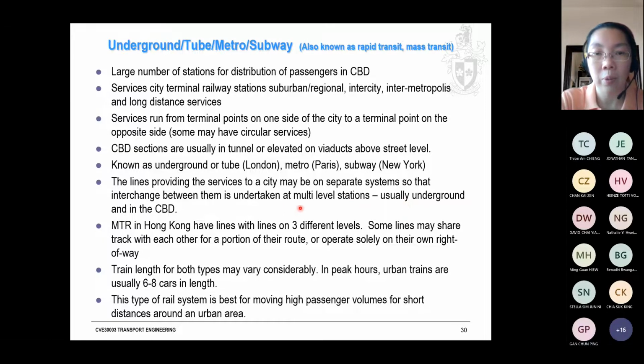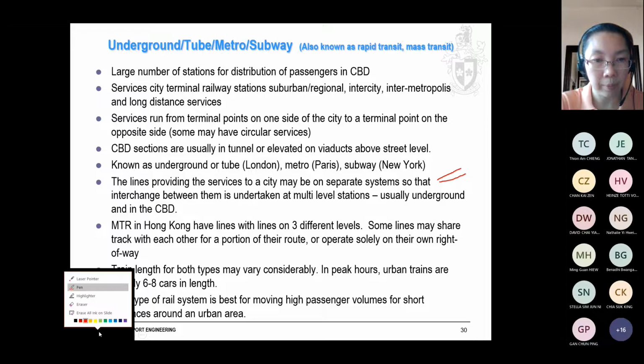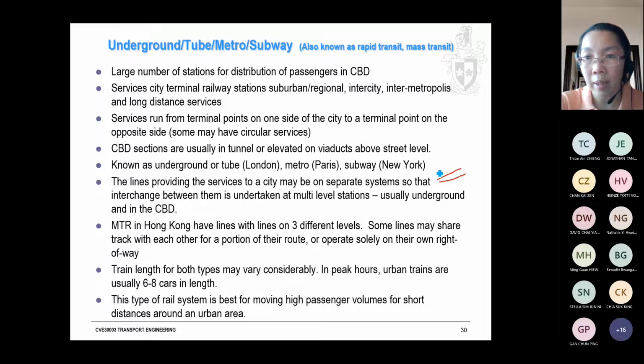Okay, what we see is that for this type of transit, you have to have their own rail movement. They cannot share the tube for different directions. So usually you have, let's say, two lines, one to go in this direction and one to come back. And then you have another one above it.